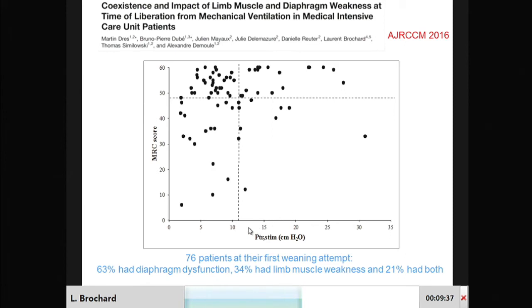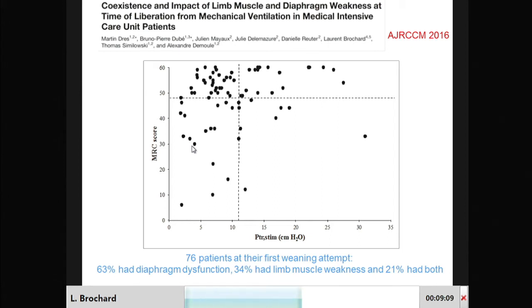How many patients have a normal twitch pressure? And the first answer here is that 60% of the patients have diaphragm dysfunction. That's very interesting, because if you remember the 40% who had the decrease in thickness plus the 15% who had an increase in thickness, that's approximately the same percentage, 60%.